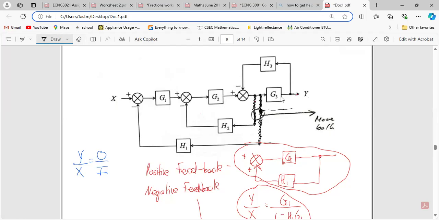So this one here, you move it here, and then the one here, you move it to the same place.